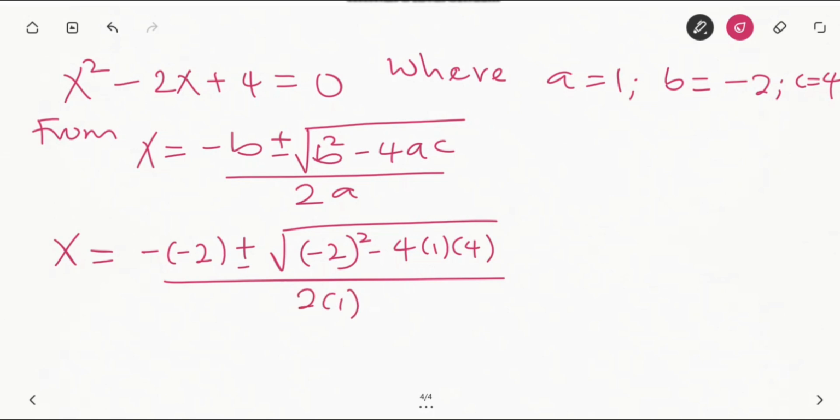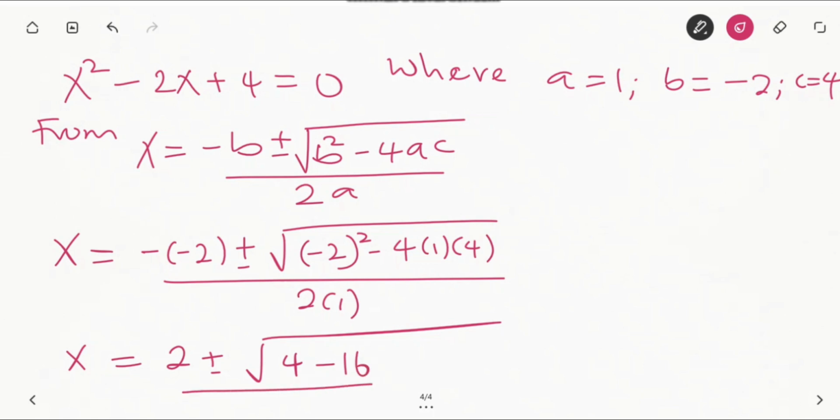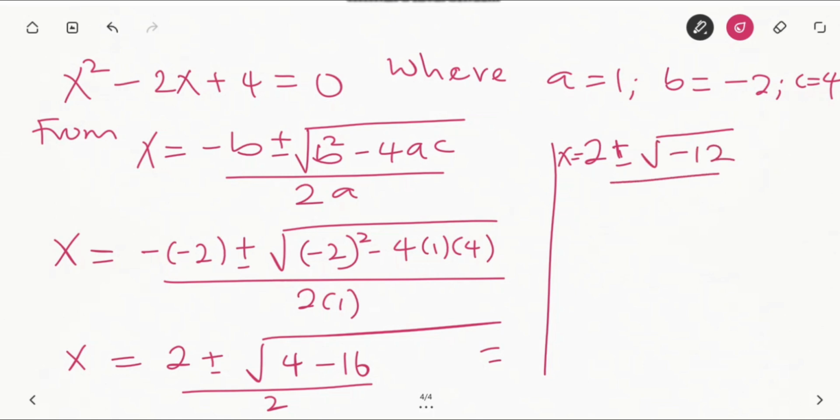So here we have x equals 2, positive or negative, root of 4 minus 16, divided by 2. This is equivalent to 2, positive or negative, root of minus 12, divided by 2.